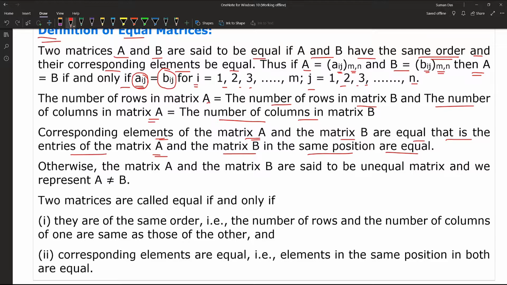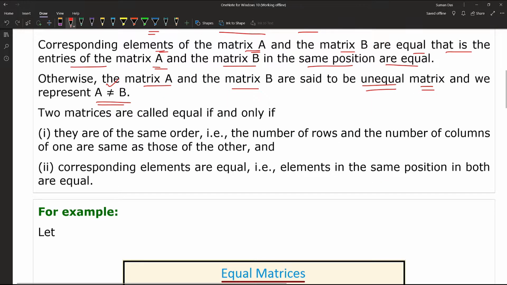Otherwise, we say matrix A and matrix B are unequal matrices, and we represent it as A not equal to B. So for the equality of matrices we use the equal sign, and for the inequality of matrices we use the unequal sign.